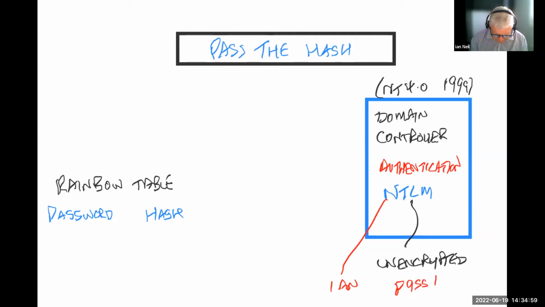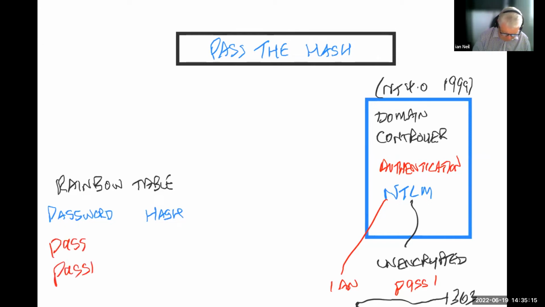So here, let's say this is a hash and it's fairly long and it's a 363. Now, over here, it might have pass, it might have pass1, and the hash here might be 362, and this one is 363.